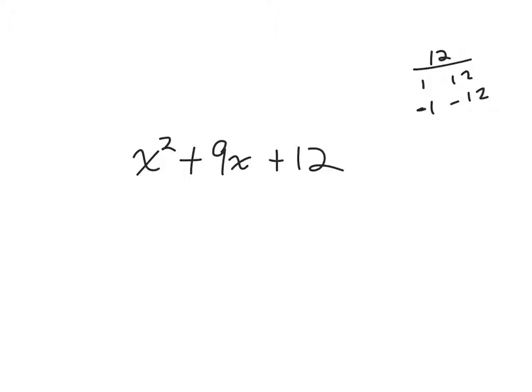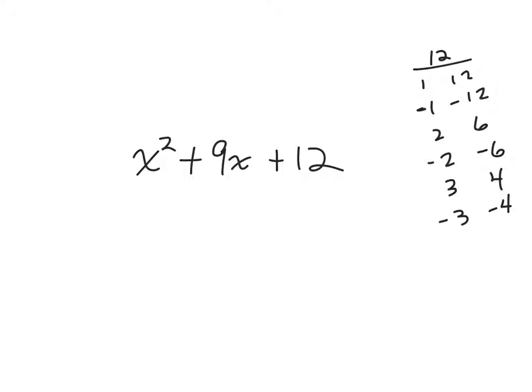I didn't do it. 2 goes into 12 6 times. 2 times 6, negative 2, negative 6. Those add up to 8 and negative 8. So that doesn't do it. 3 goes into 12 4 times. So 3 times 4, negative 3 and negative 4. But those add up to 7 and negative 7.